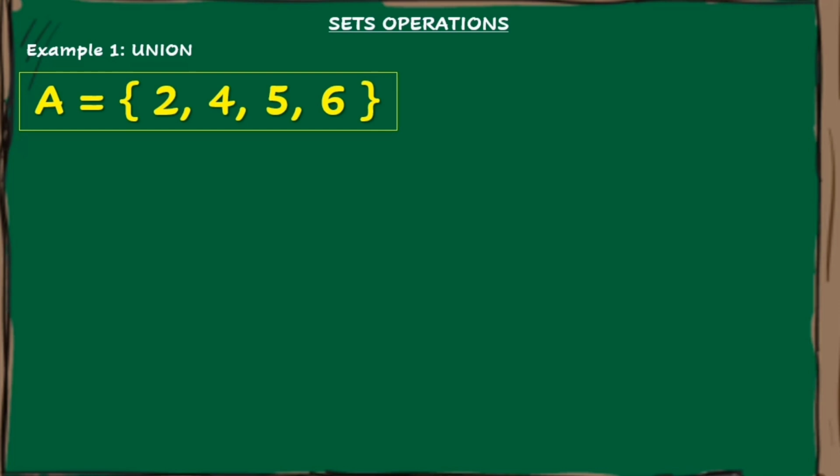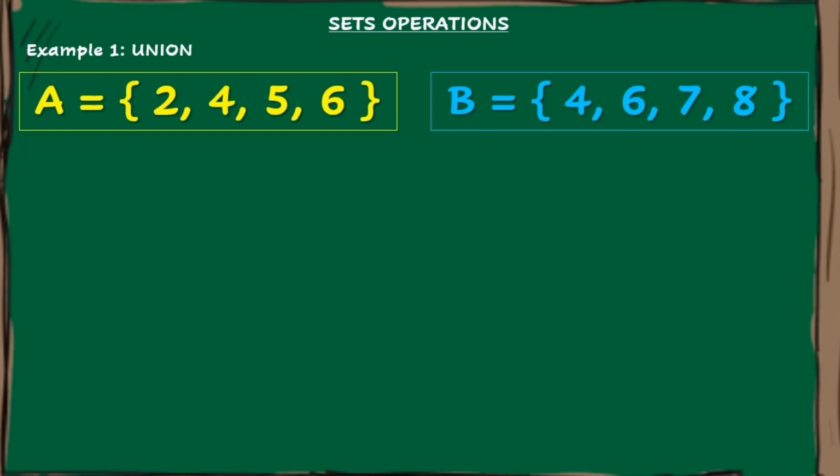Set A with elements 2, 4, 5, and 6. Set B with elements 4, 6, 7, and 8. Taking every element of both sets A and B without repeating any element, we will get a new set with elements 2, 4, 5, 6, 7, and 8.